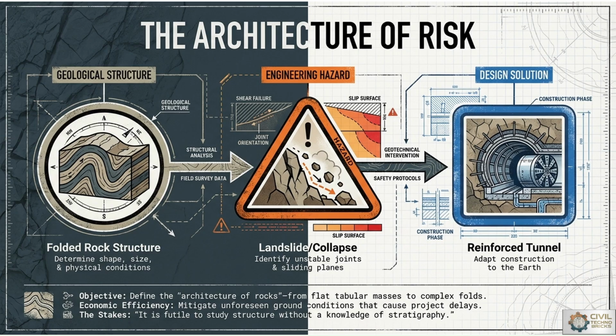Geological structures may get damaged or cracked due to tectonic plate vibrations or subsurface activities like earthquakes, landslides, or collapse, so we have to identify the unstable joints and sliding planes before that activity.